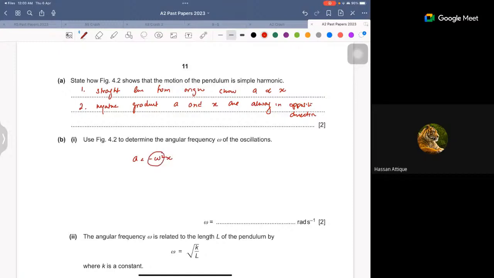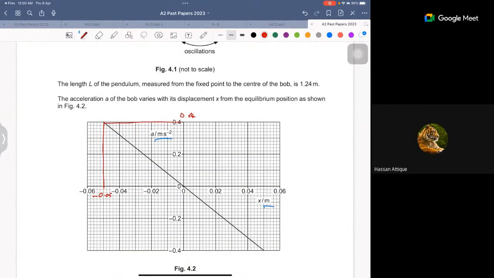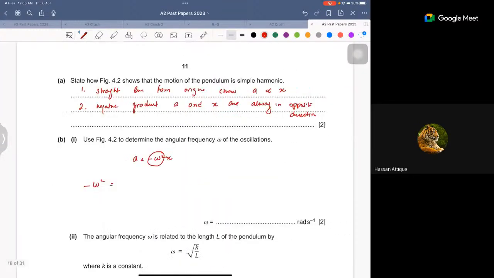So you know that the gradient is going to be minus omega squared. The gradient will be 0.4 minus 0 divided by minus 0.05 minus 0. So the minus will cancel out, and omega will be 0.4 divided by 0.05 under root.